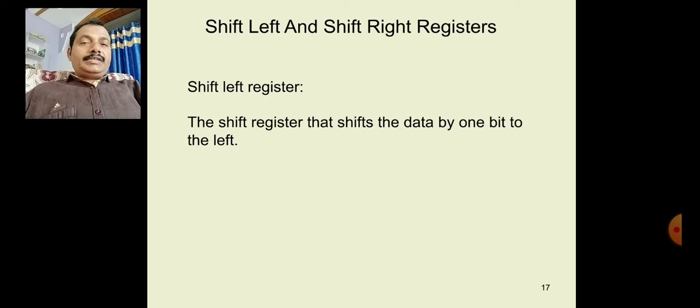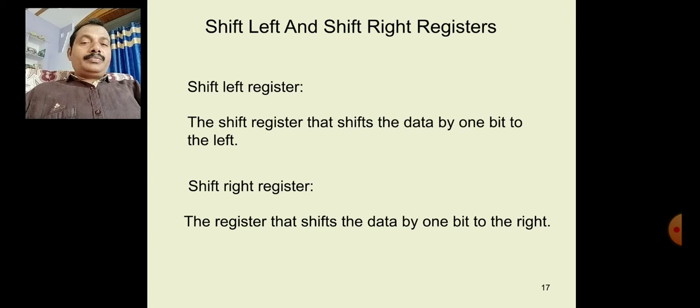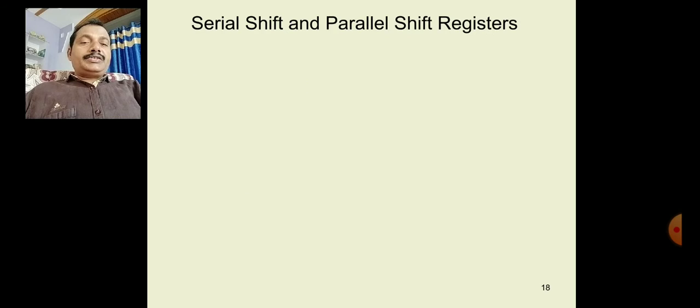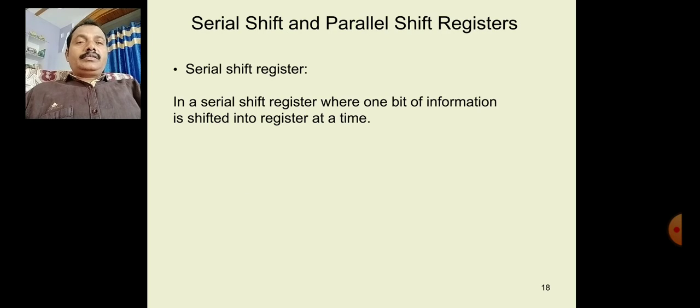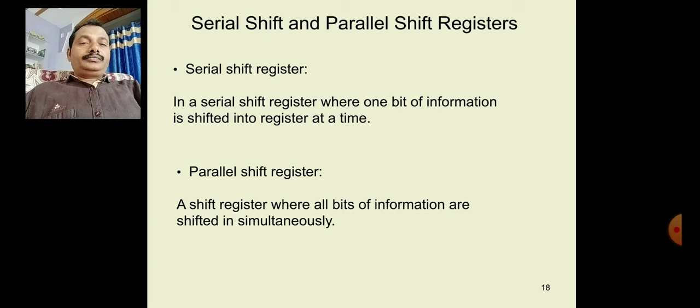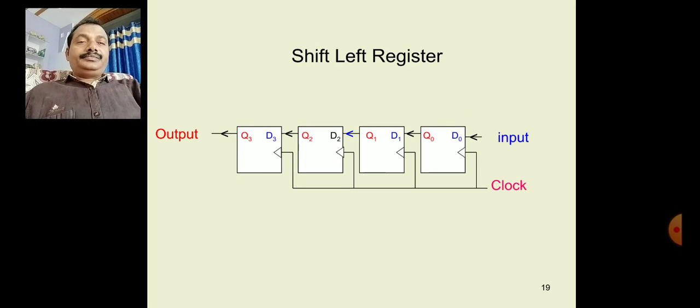Let us consider the shift left register that shifts the data by one position to the left, and the shift right register will transfer the bits by one position to the right. And the parallel shift register is where all the bits are simultaneously shifted. So that is the parallel shift register.